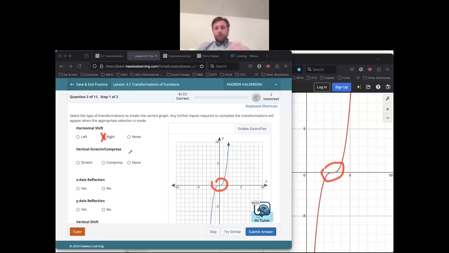I don't see a vertical compression or stretch. I don't see it being stretched out. It looks the same, so I would say none. Is it reflected? If you were to reflect this, it moves to the other side, and this arrow moves to the other side. I don't see it reflected, so no. I don't see reflection about the x-axis.